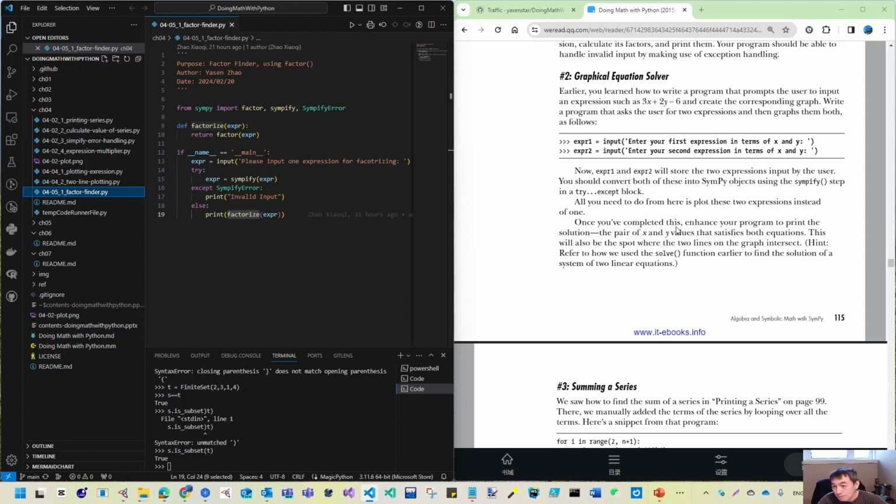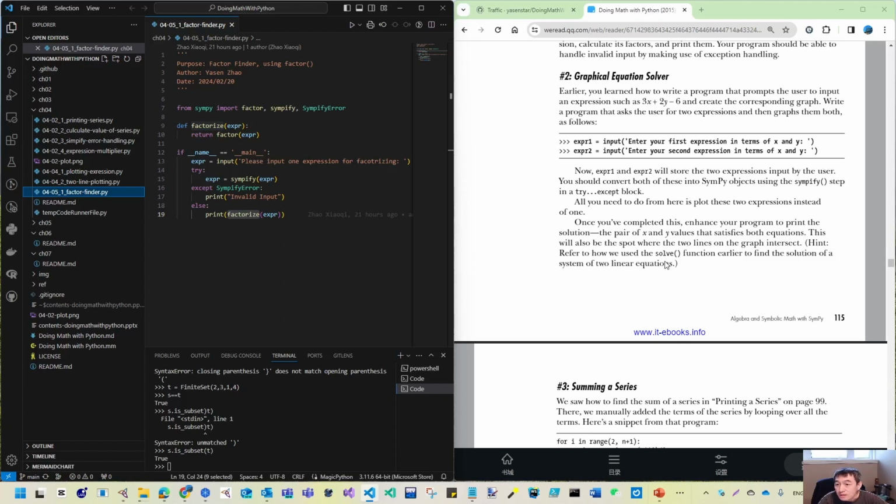Once we complete this plotting, we enhance the program to print the solution, the pair of x and y that satisfy both equations, which is also the spot where the two lines on the graph intersect. That is the solution.